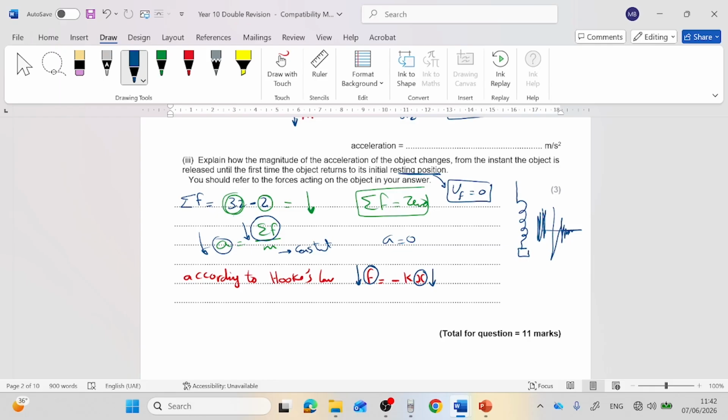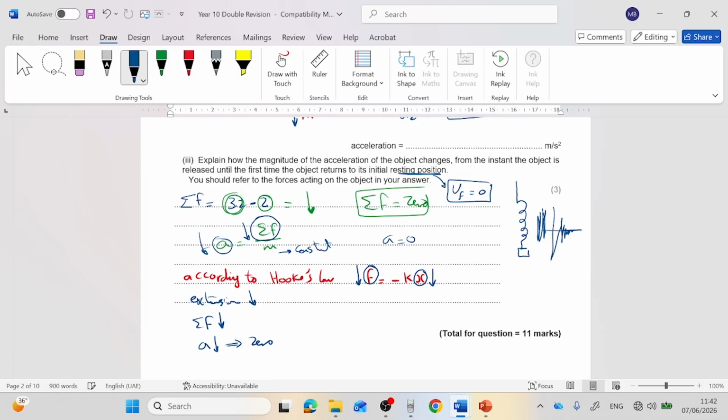The weight of the spring, the gravitational force, is constant. So the acceleration decreases until it reaches 0. So the extension decreases, resultant force acting on the spring decreases, acceleration decreases until it reaches 0.